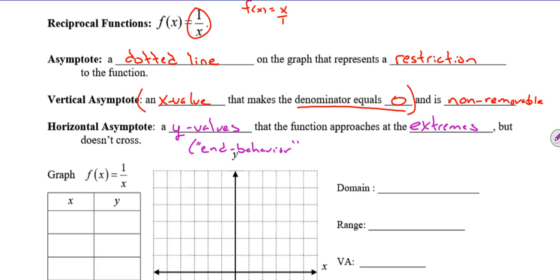You'll notice these functions are not going to be going up and down. They're going to kind of be going sideways. The y values will level out, and you'll see that once we start to graph it. But the horizontal asymptote basically describes the end behavior on both sides. It's a value that the function approaches on the far extremes but never reaches.